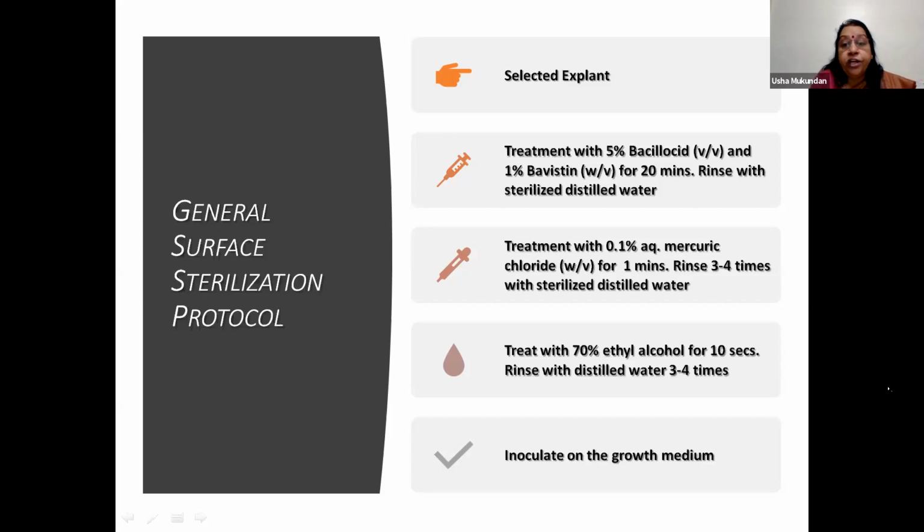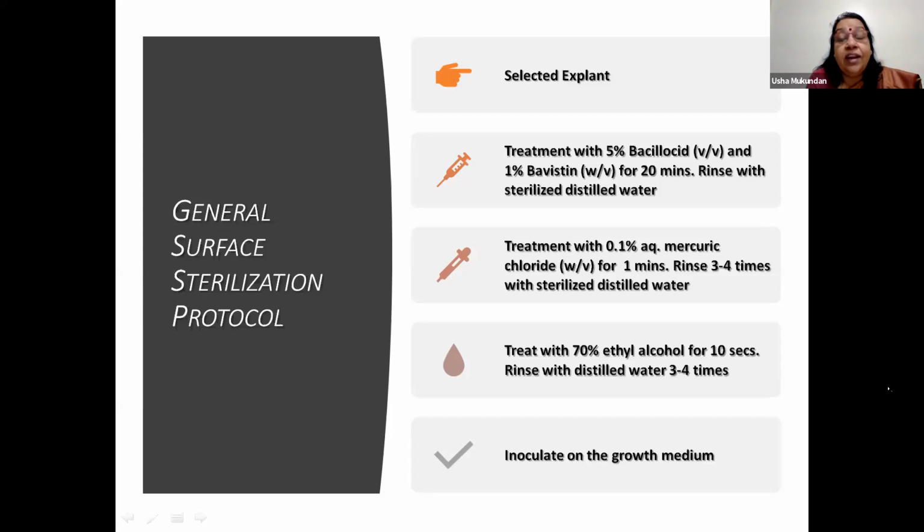Now let us see what I have used here for sterilizing the explant material. What did I say in the beginning? Depending upon the origin of the explant. Suppose your explant is from field condition, like cuttings from plants in the nursery, or from an area which is totally exposed.